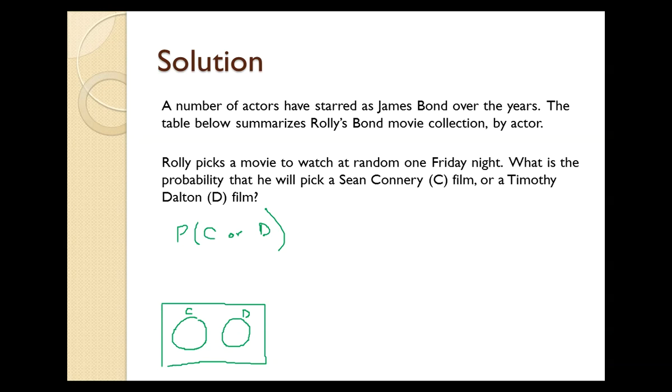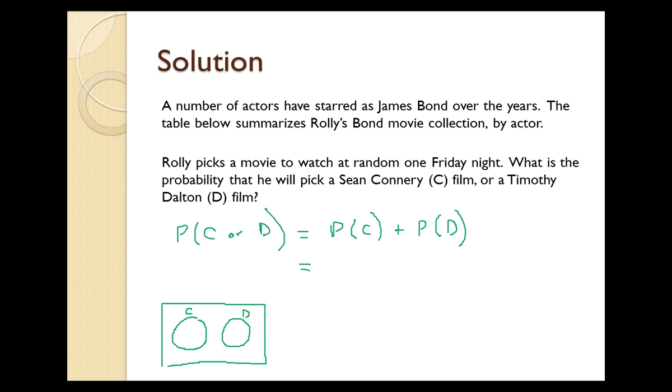They are mutually exclusive events. And so to get that, we just use our additive principle with probabilities. So the probability of getting a Sean Connery or Timothy Dalton is just the probability of picking a Sean Connery film plus the probability of getting a Timothy Dalton film.